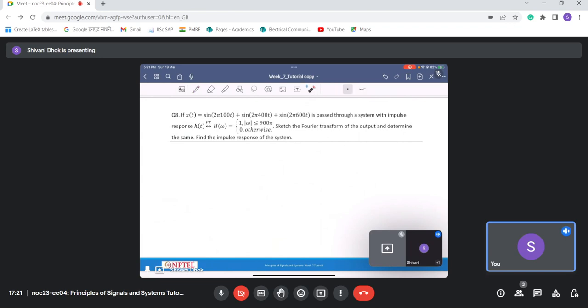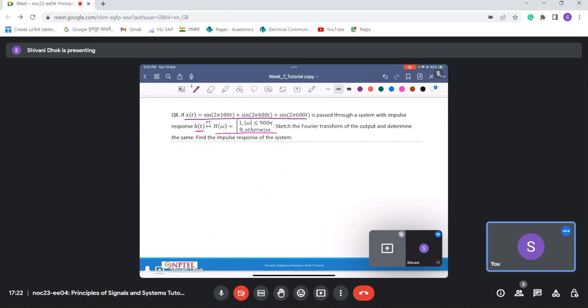It says that I am having a signal x(t) which is given as sin 2π100t + sin 2π400t + sin 2π600t, and this is passed through a system with impulse response h(t), which has a Fourier transform H(ω) which is 1 for all the values of ω such that |ω| is less than or equal to 900π, and it is 0 otherwise.